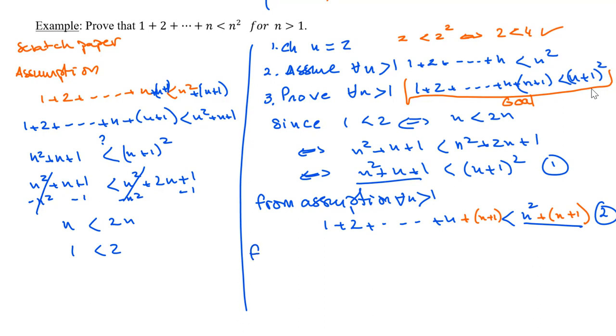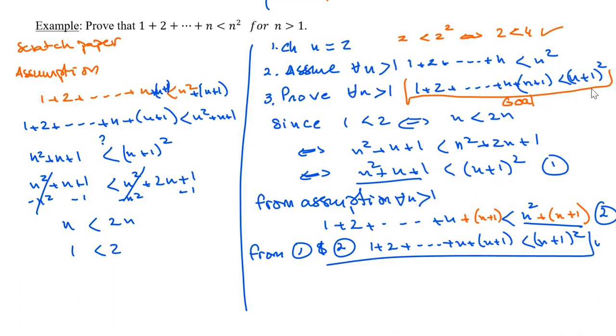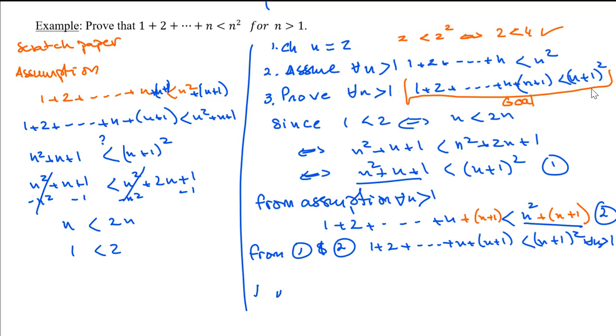So I would say from statement 1 and 2, 1 plus 2 plus all the way to n plus 1 is going to be less than n plus 1 quantity squared, and this is the goal for all n greater than or equal to 2, which is our goal for all n greater than 1. And therefore 1 plus 2 plus all the way to n is less than n squared for all n greater than 1. I hope this is helpful.